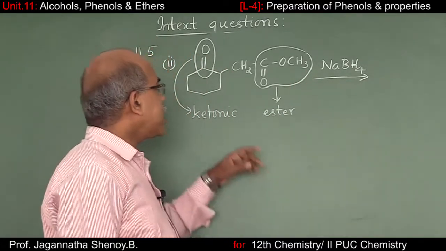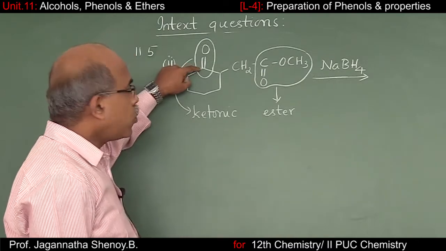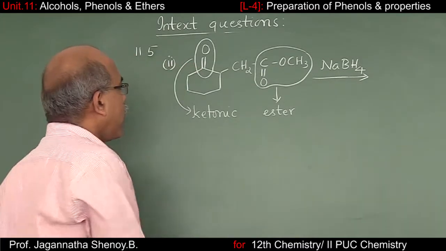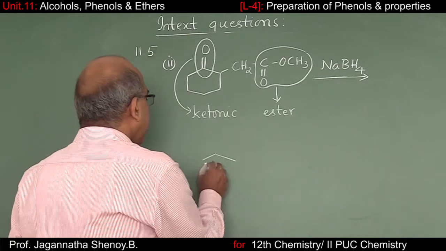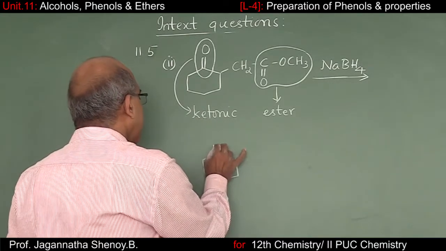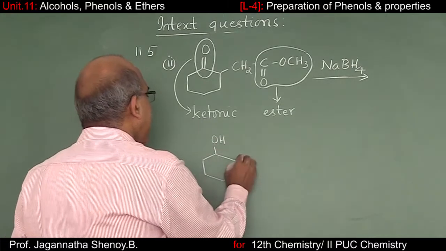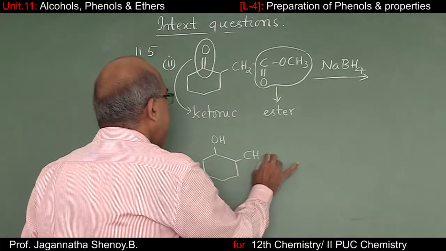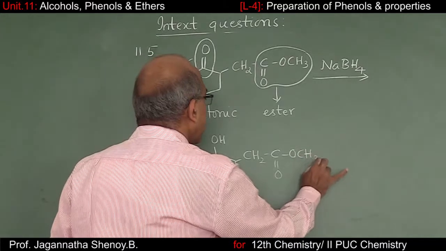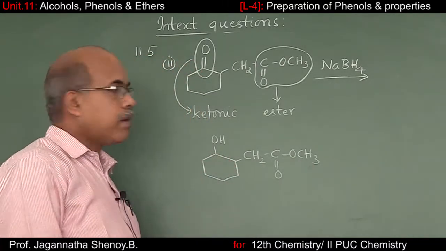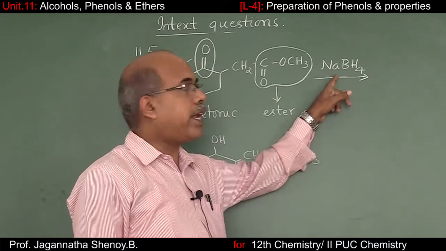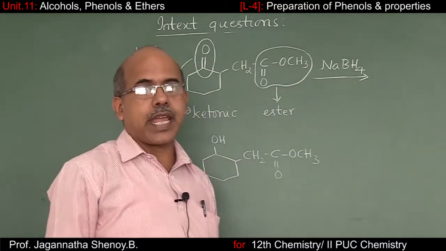That's why in this case, whatever carbonyl group is present will get reduced to the respective secondary alcohol. So what should be the product formed? It should be a cyclohexanol, and here you will have the CH2, COO, CH3 group as it is. The important point you are supposed to know is that sodium borohydride does not reduce the ester group.